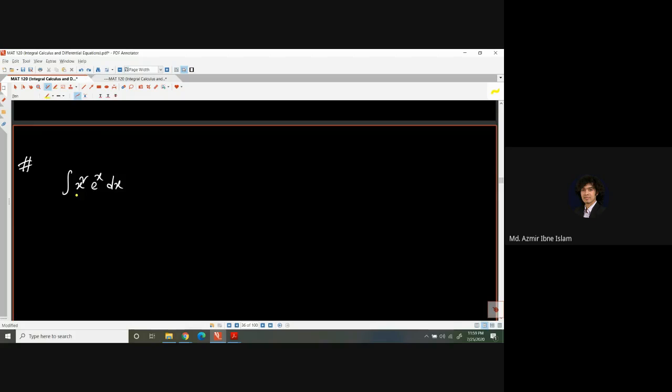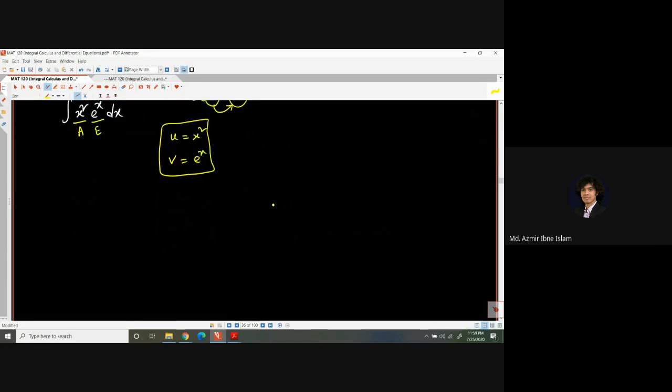So again, you can see that we have algebraic function x squared and exponential function e to the power x. So let's recall LIATE. Here we have algebraic and exponential combination, so that means algebraic comes first, then exponential. So u will be the algebraic part. So we can easily figure out u will be x squared and v will be e to the power x.